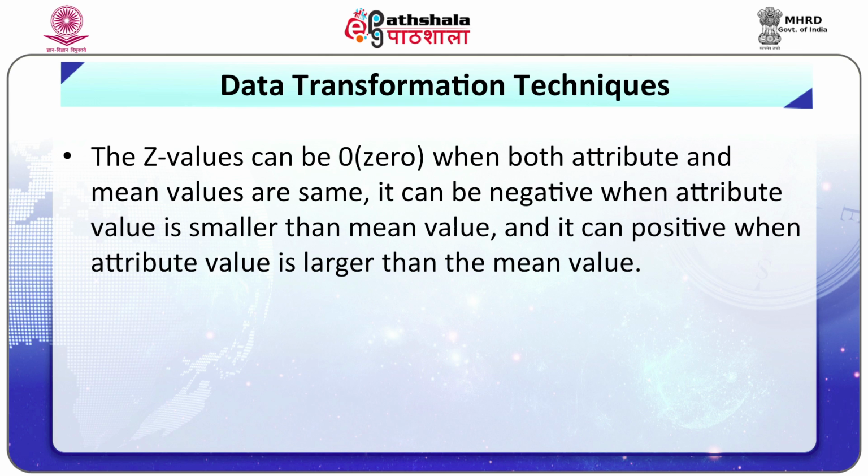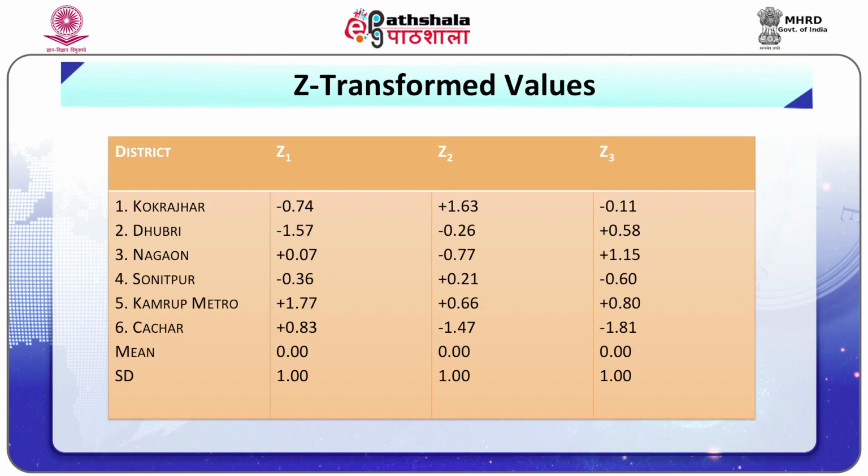It can be negative when the attribute value is smaller than the mean value, and it can be positive when the attribute value is larger than the mean value. Hence, aggregation of these Z values is possible and it gives relative cumulative magnitude of all the attributes. Table 7 shows Z transformed values of each observation of the above data of table 6.